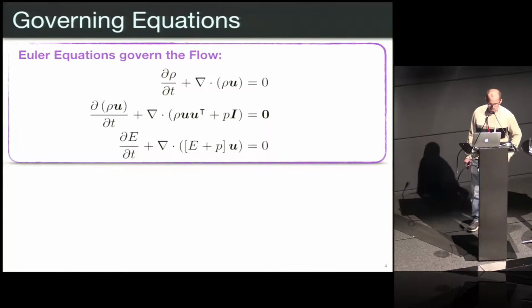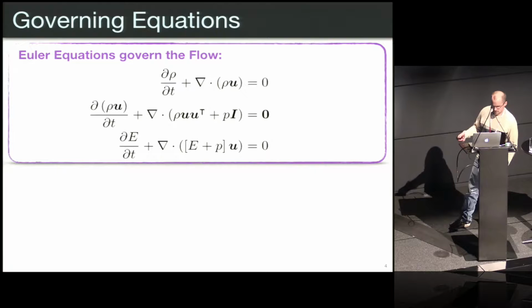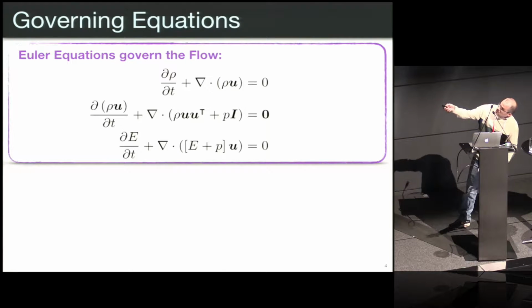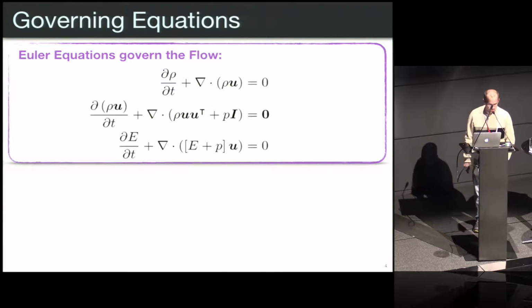Okay, so our flow solver is based on the inviscid Euler equations, where we have conservation of mass, conservation of momentum and energy. The conserved variables here, rho, u, and e, may represent a mixture of fluids.